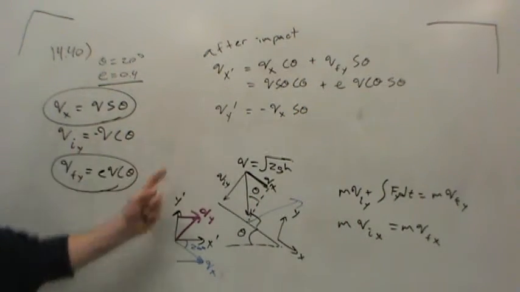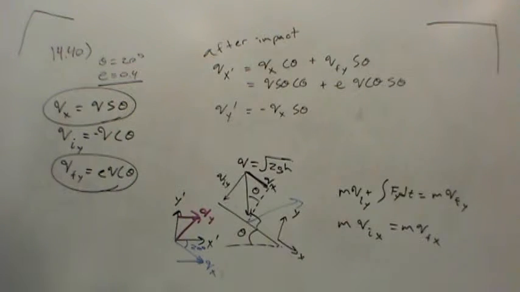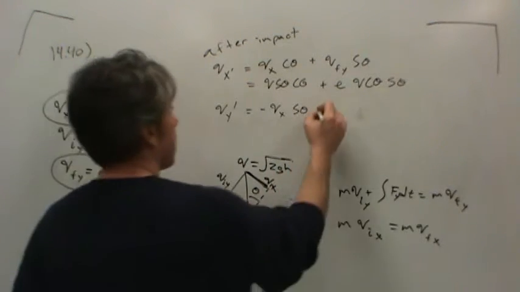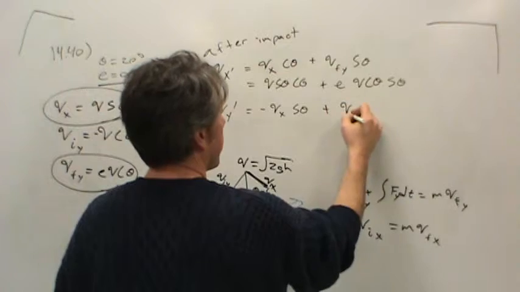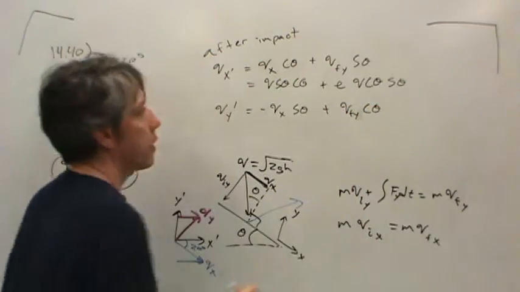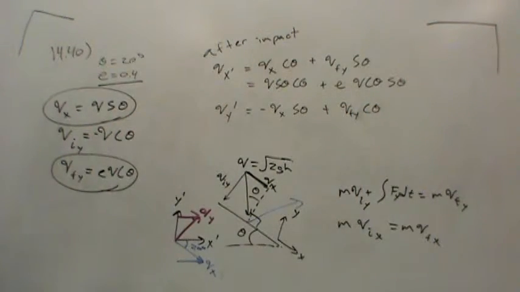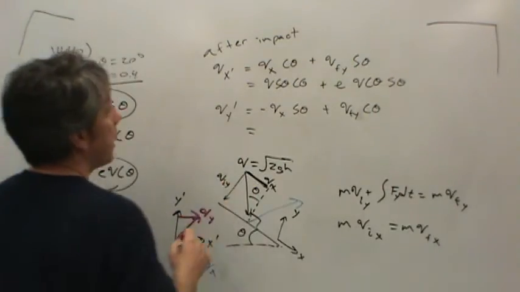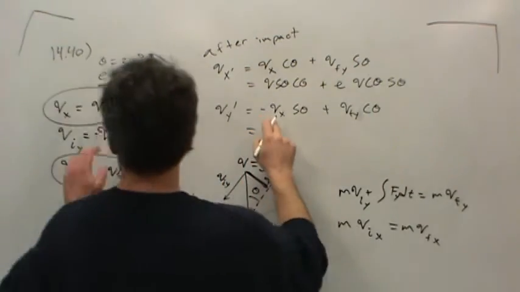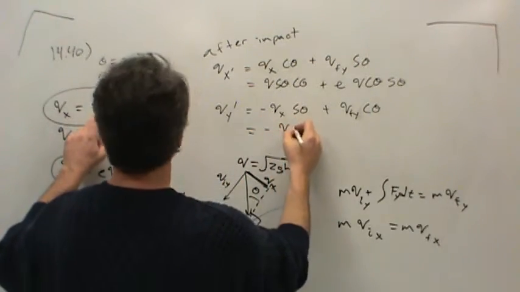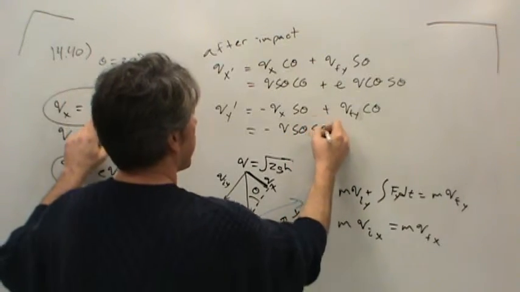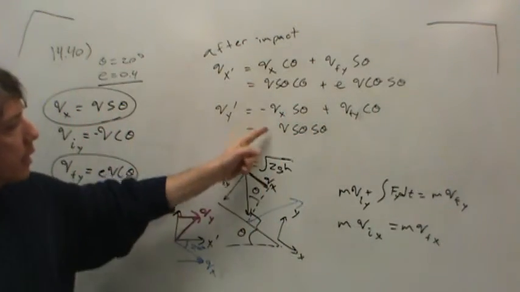What does it contribute to Vy prime? Positive Vy or Vfy cosine theta. Right? Okay. Now let's plug in Vx. Vx is simply V sine theta, and I get another sine theta from up here, and the negative sign just comes down.